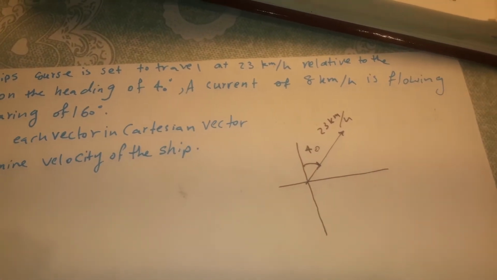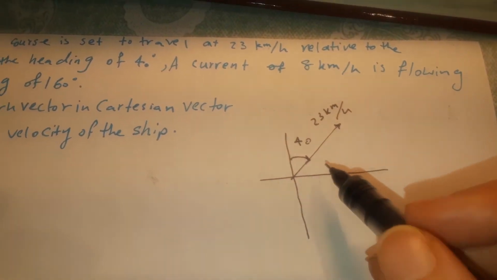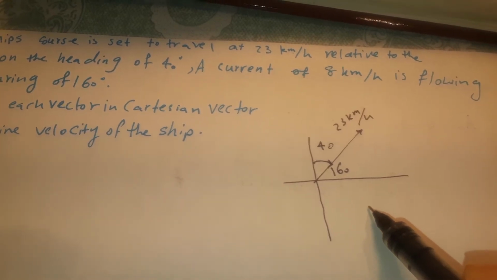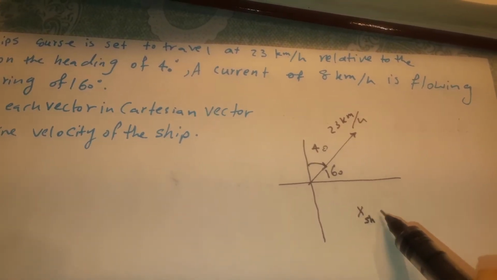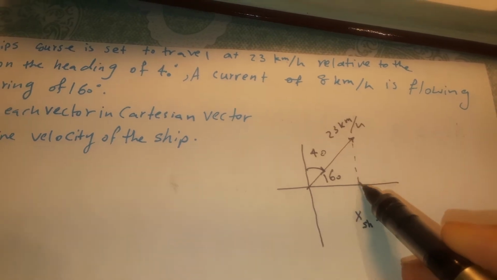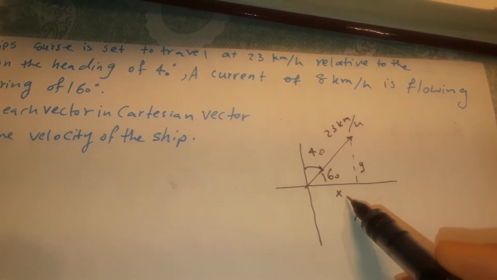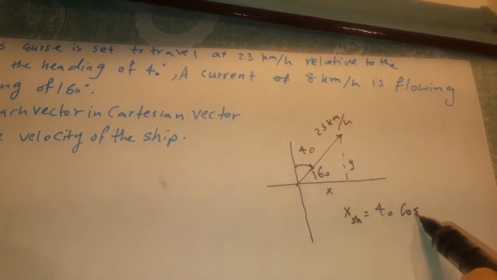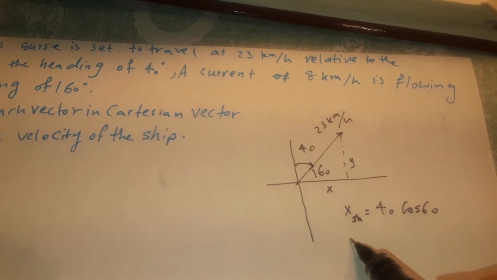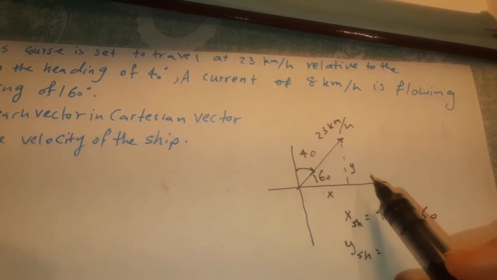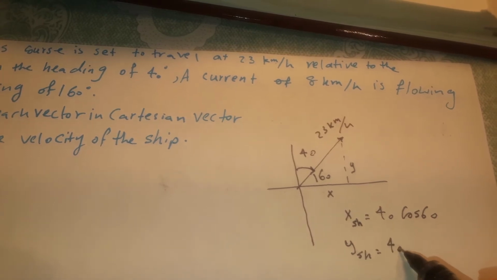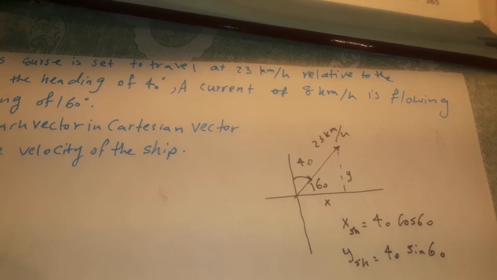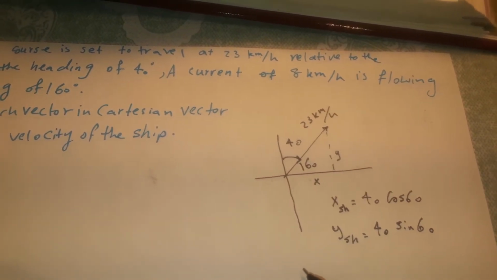I want to write the x and y components of that. If this is 40, this will be 60, right? So the x component of the ship is the cosine, 40 cosine of the 60 degrees, and the y component of the ship is the opposite, which is 40 sine of 60. So I now have the x and y components.